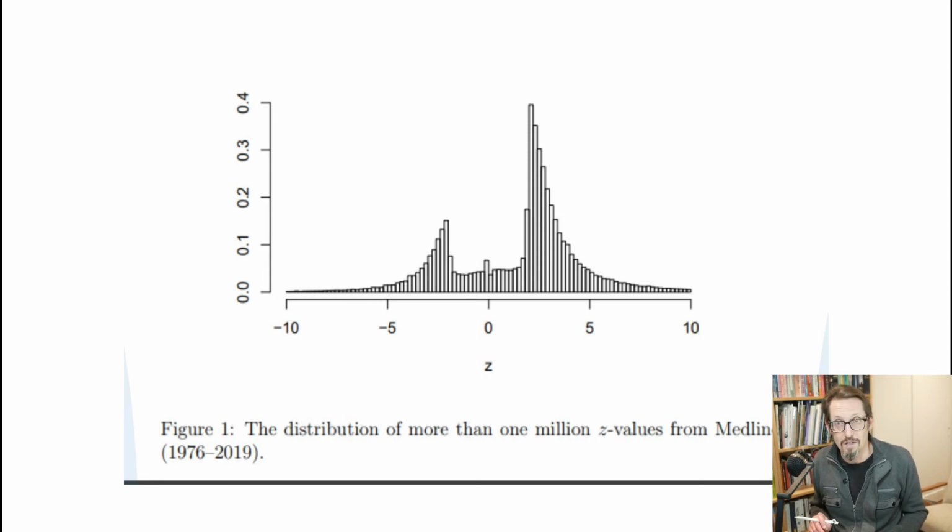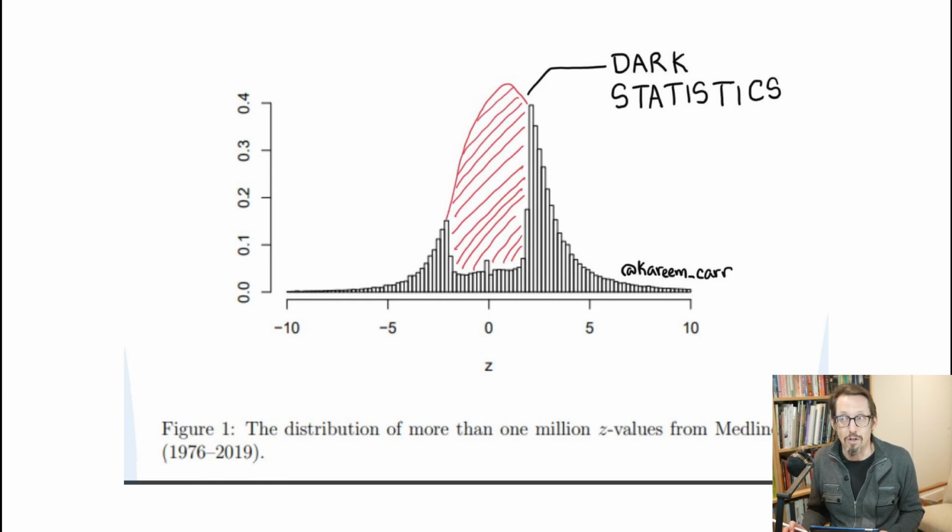But what we see here is that, in fact, in the scientific literature, in all of the things ever published in biological science, basically between the 70s and the current time, there is a great, huge chunk of missing stuff, the dark matter of statistics, right? So these missing values we expect to be there.